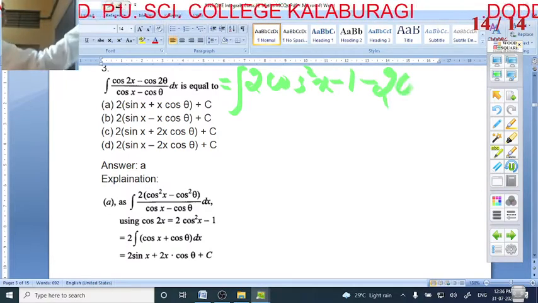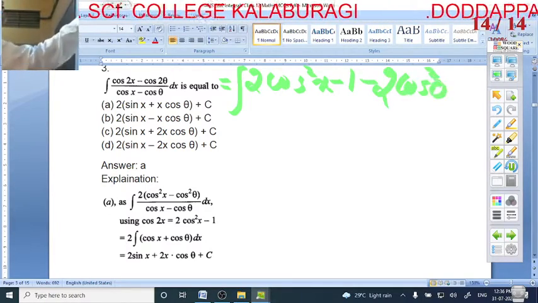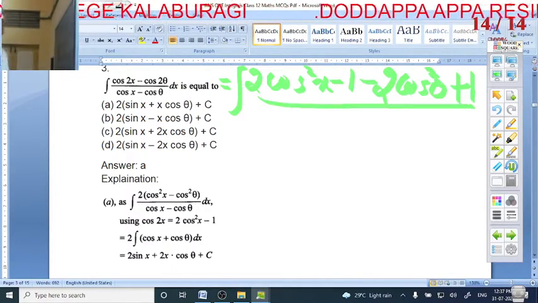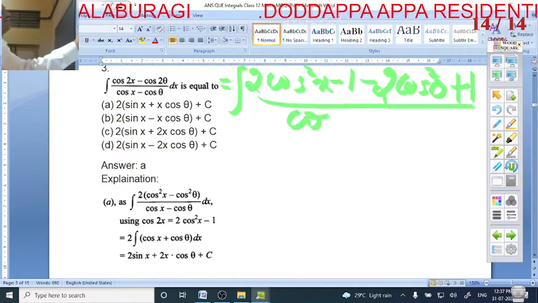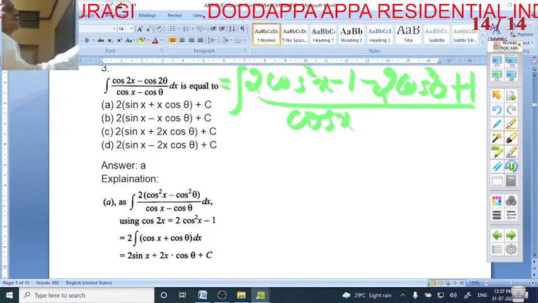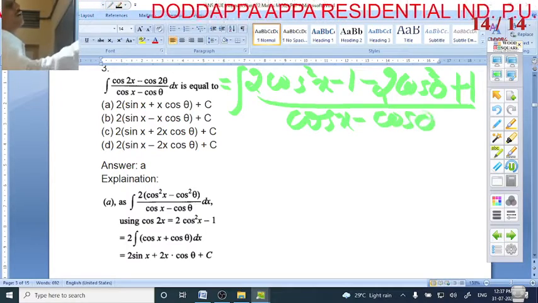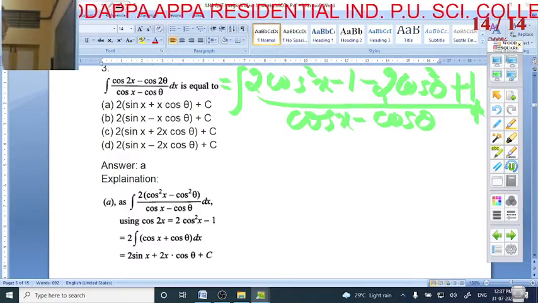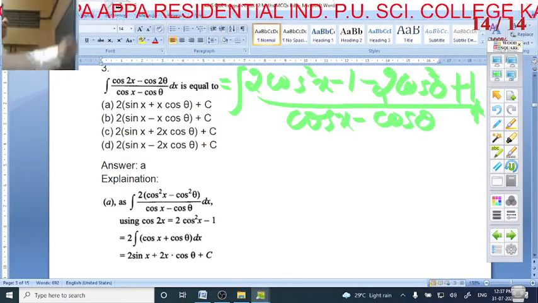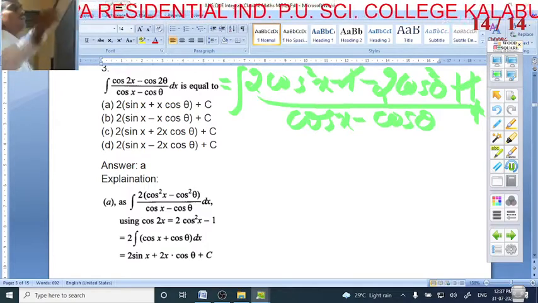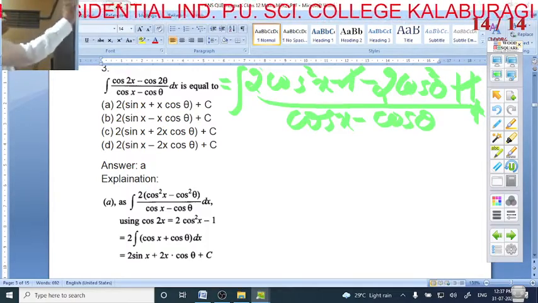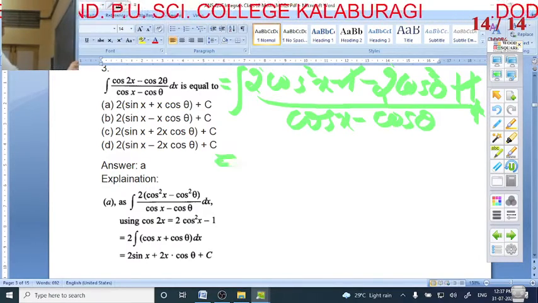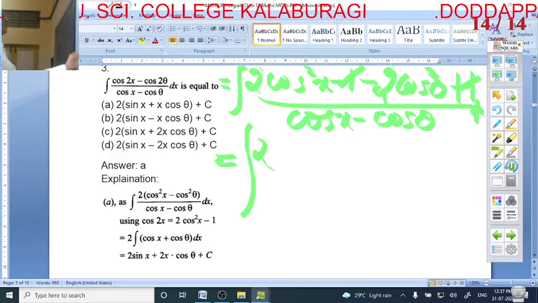If you multiply the minus inside the bracket, the denominator cos x minus cos theta remains as it is, with dx. Now simplify: minus 1 and plus 1 get cancelled, and the 2 can be taken as a common factor.